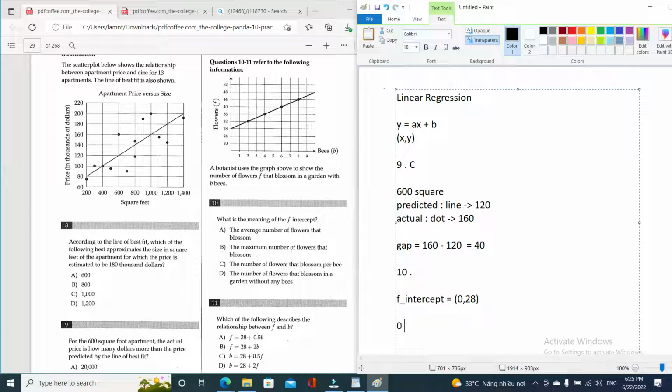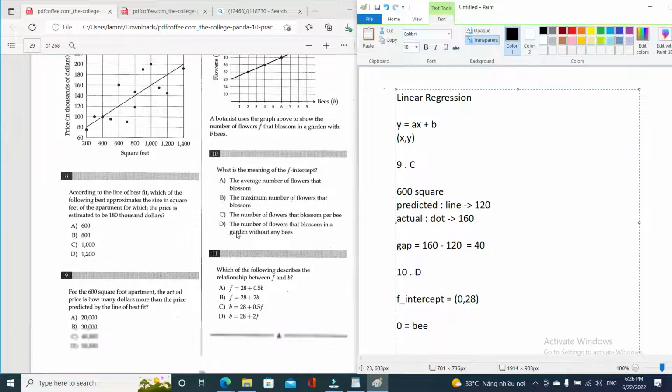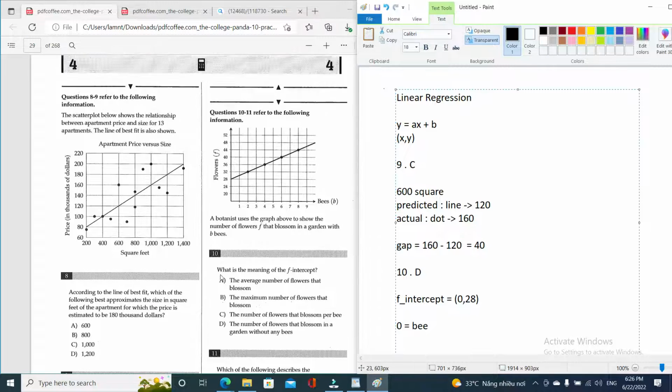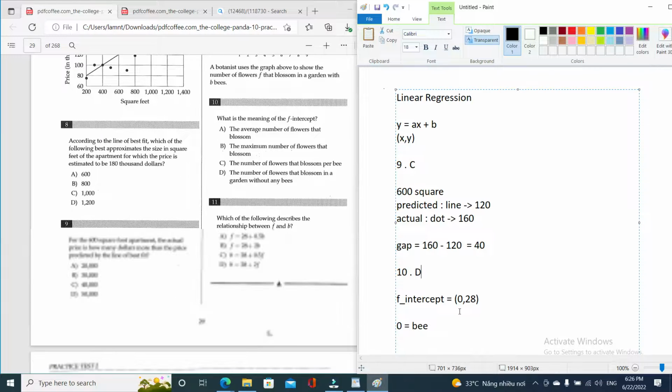So this is the number of flowers that blossom in the garden without any bees. So the answer is D.